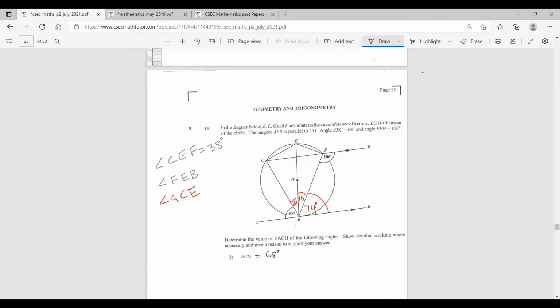Just from knowing that this was 90, I'm just going around the circle, right? 90 plus 22 minus 180 gives the missing part of this triangle, which we already knew was 68, right? 74 is not equal to 68. So this is definitely not the interior angle that is equal to it.